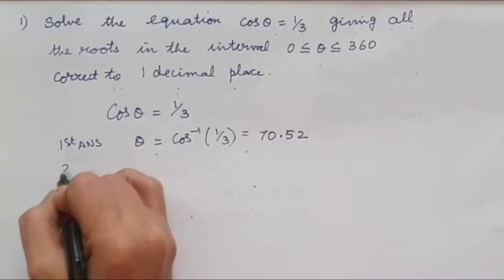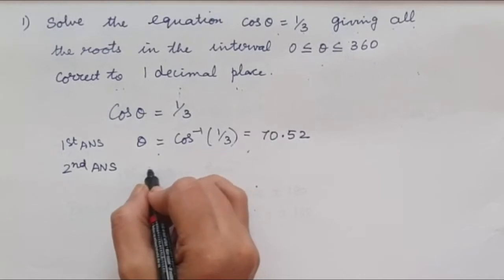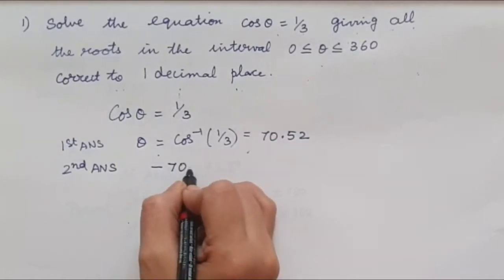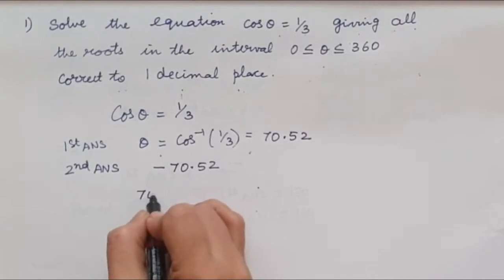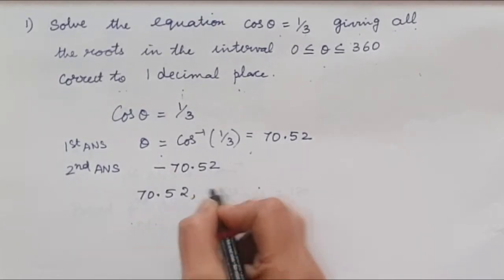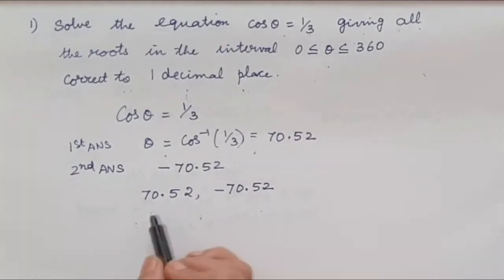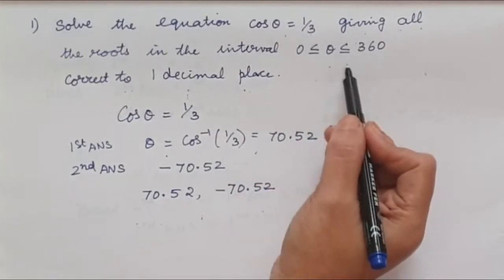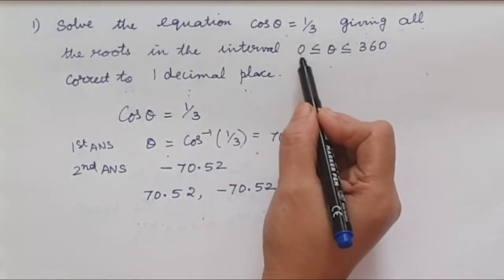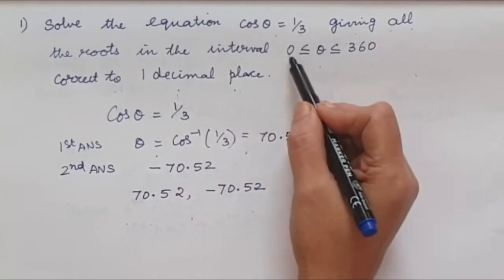Now our second answer, we take the negative of it. So minus 70.52. So we have now our first answer as 70.52 and our second answer as minus 70.52. Now for our third answer, it is 70.52 plus 360. We are not going to go for the negative 360 as we are only interested in the positive values.